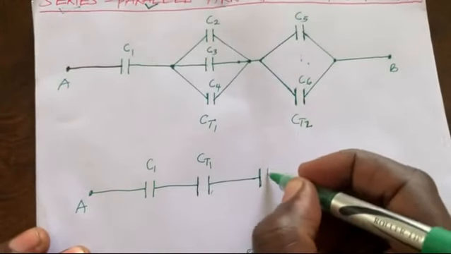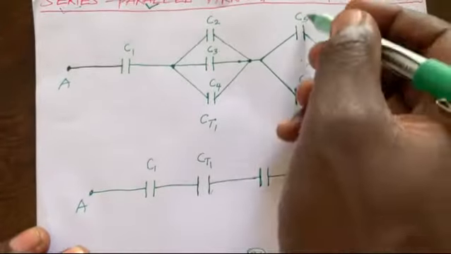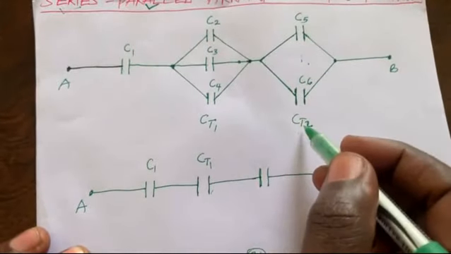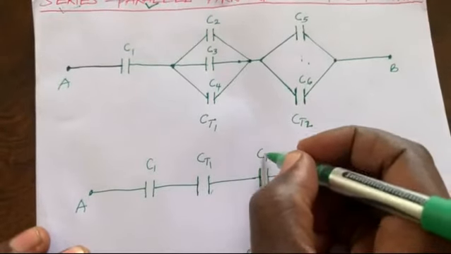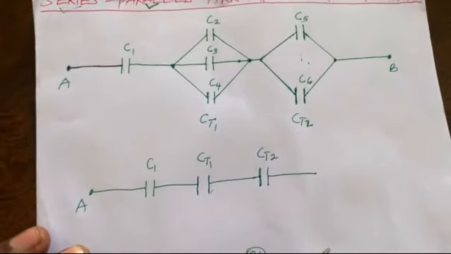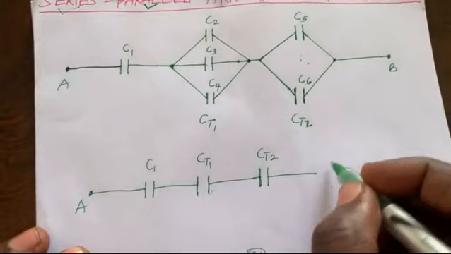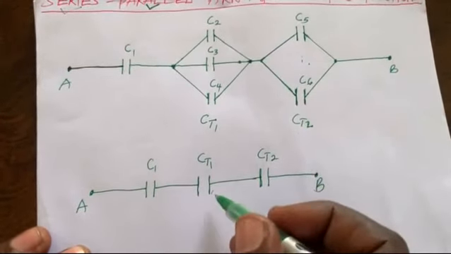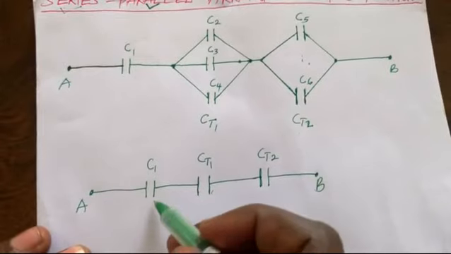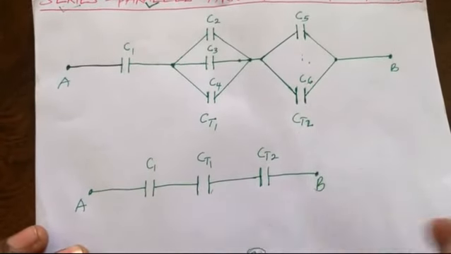Now this one too, you have C5, C6, their equivalent is C sub T2. So now you can see that they are arranged in series. You can apply the formula for calculating capacitance in series and get the total capacitance here.